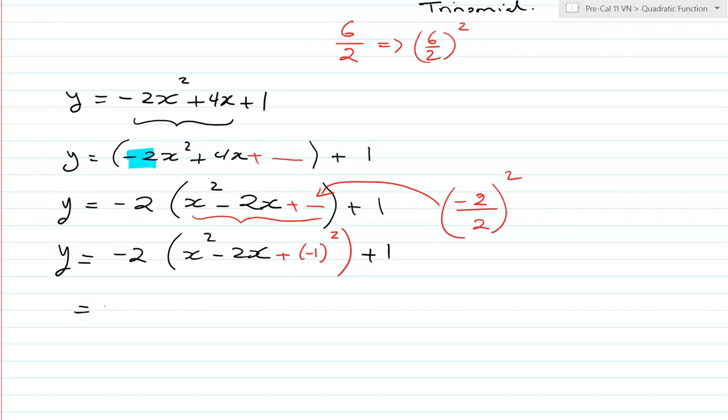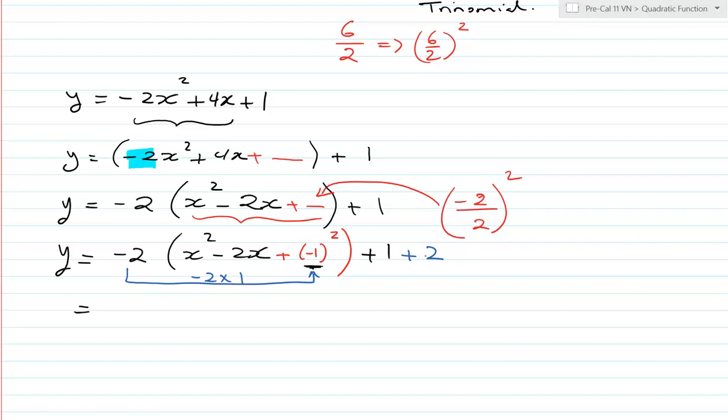So what is it that we did here? We added 1 inside the bracket, but actually we subtracted minus 2 times 1. So if we subtracted that, we need to neutralize that by adding the opposite.